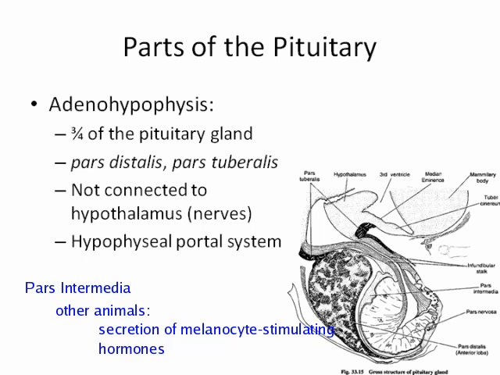And so these would be hormones that would help to stimulate the production of melanocytes within the skin cells.